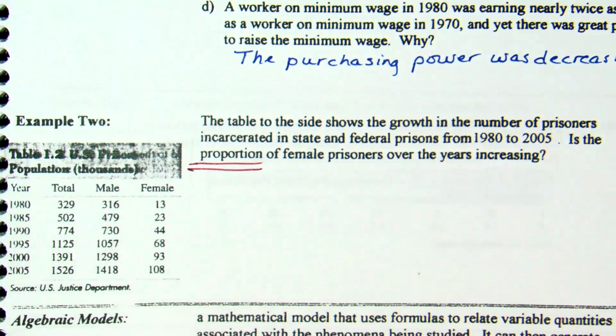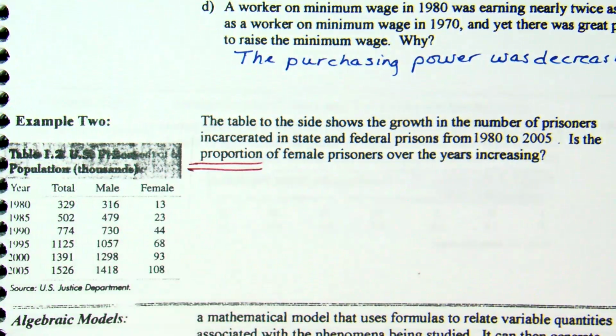I think what I did was I divided my female by the total number. Okay. So if we're looking at the female number of prisoners in comparison to the total number of prisoners, that gives us a proportion, you can almost turn it into a percent. I wasn't going to turn it into a percent, but that gives you a ratio.